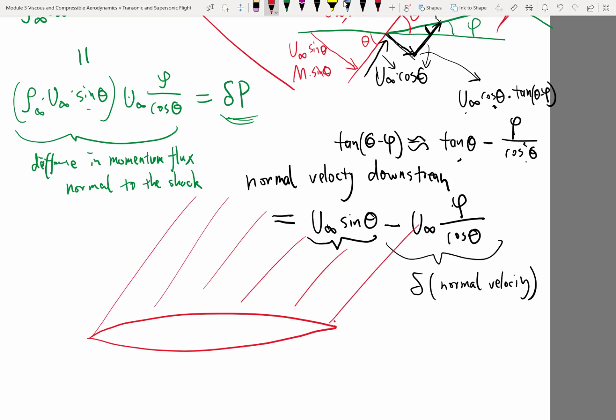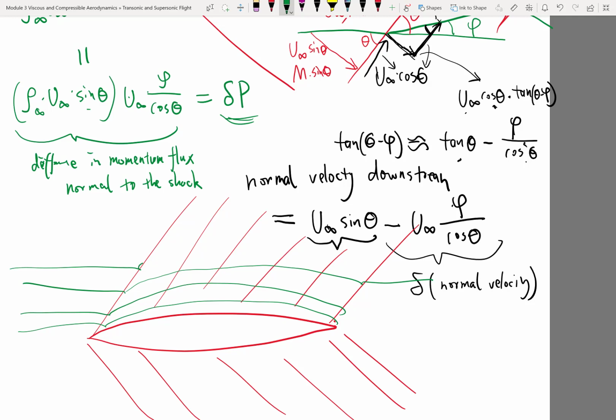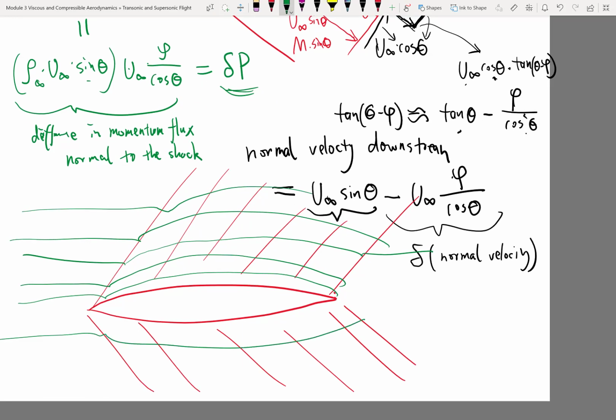There are waves that come out of the airfoil, and the streamlines are exactly going to be the shape of the airfoil on the upper and the lower face, except translated along these lines. So these would be exactly the streamlines. It just follows the contours, except translated with that theta angle.